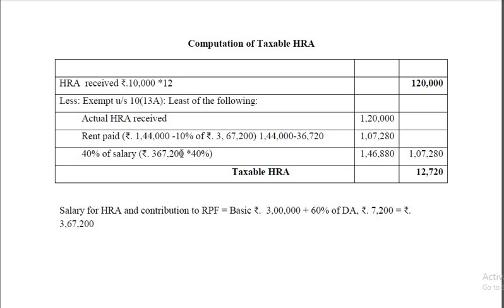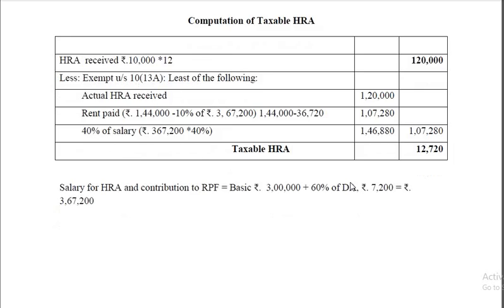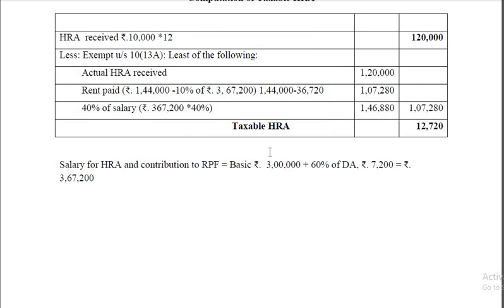Next one is 40% of salary. 3,67,200 into 40% is 1,46,880. Of these three, which one is least? 1,07,280. So that is exempt, and the remaining amount is taxable. Taxable amount is 12,720.